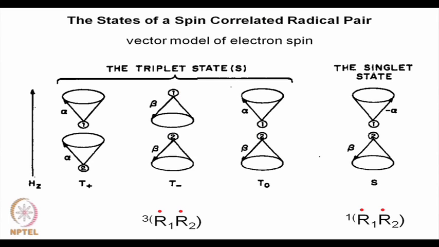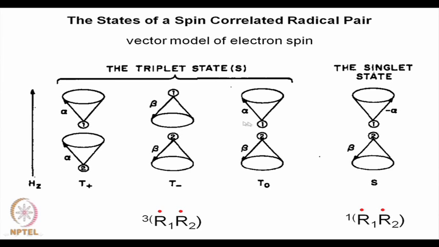Referring to the vector model of electron spin, we have seen this is alpha spin up, here beta spin down, and this is a combination of alpha and beta. Transition of this whole ensemble from here to here is possible by internal field driven, or maybe external field driven as well.